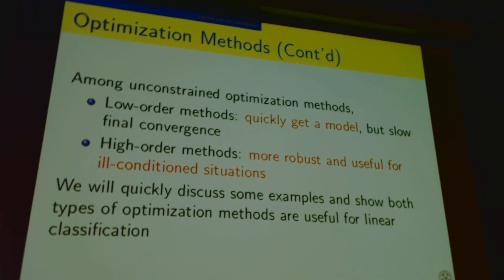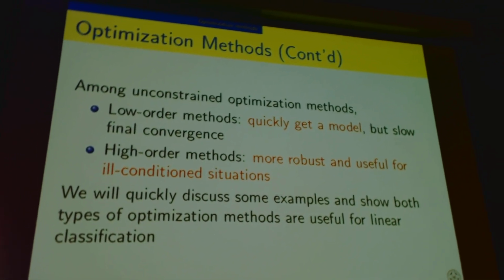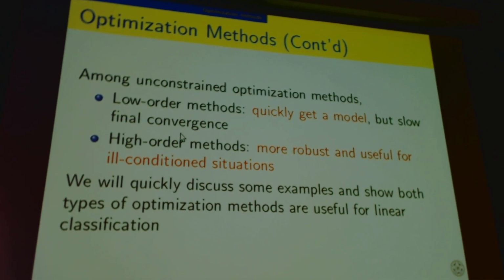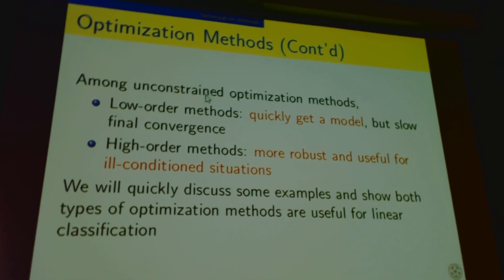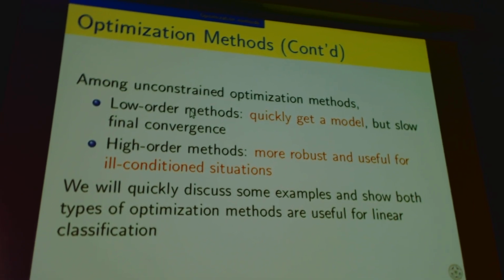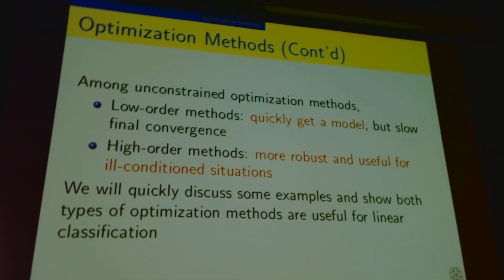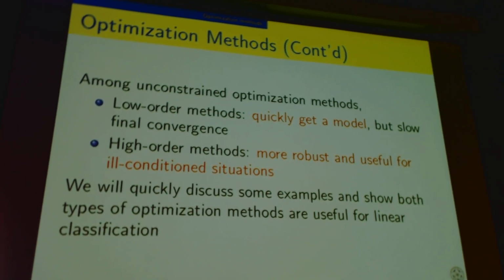Now, among different unconstrained optimization methods to solve our problem, in general, in optimization, you can categorize methods as low order or high order optimization methods. By low order, we mean that you only use first order information like the gradient, or not even use gradient information. That's what we call low order methods.